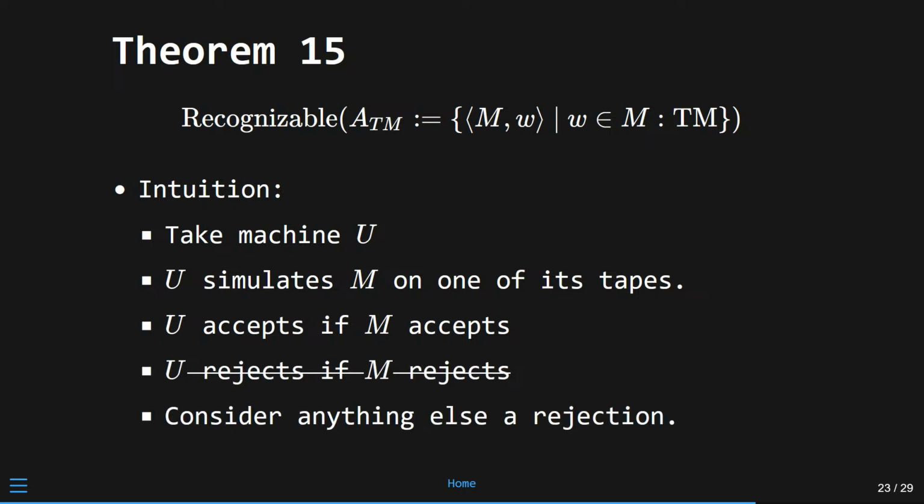We're going to say U accepts if M accepts, and then we're going to stop talking. We're not going to make any claims about whether U rejects or not. This will already recognize everything, and it will otherwise either reject or loop, but we don't care. That's already the notion of what it means to accept in a Turing machine. So one of the reasons that Turing machines can emulate themselves is they have the same halting properties as each other, which is very nice.